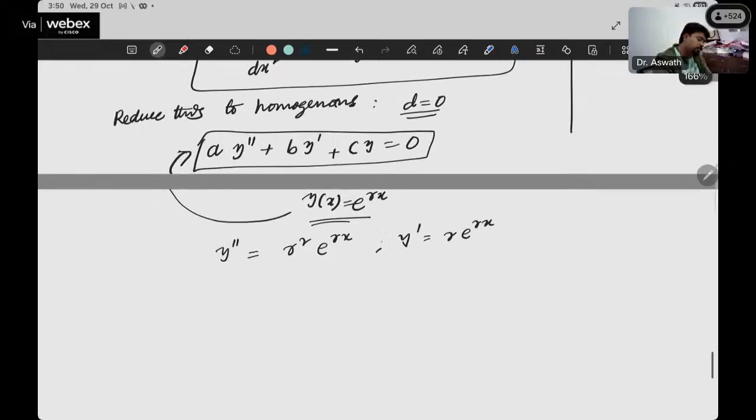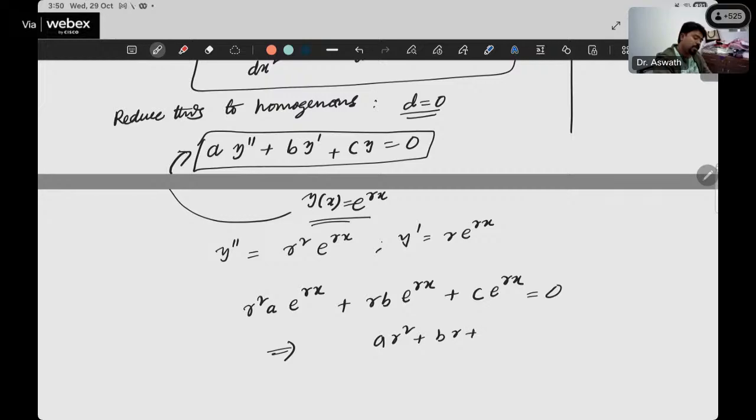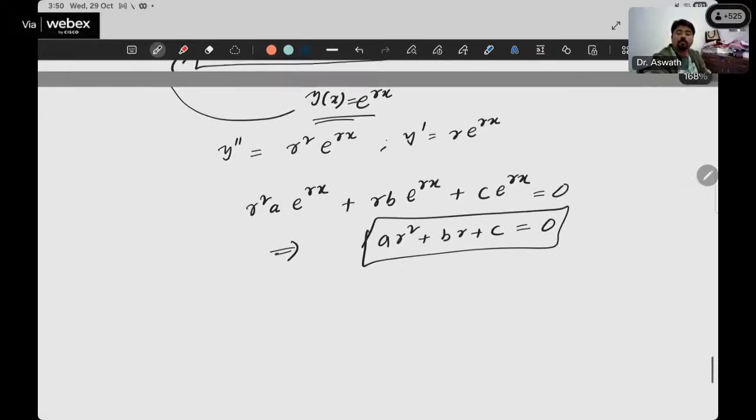If you introduce this back into the equation, I have r square a e to the rx, plus r into b e to the rx, plus c e to the rx is equal to 0, which implies a r square plus b r plus c is equal to 0. This is a quadratic equation in terms of r with some constants.